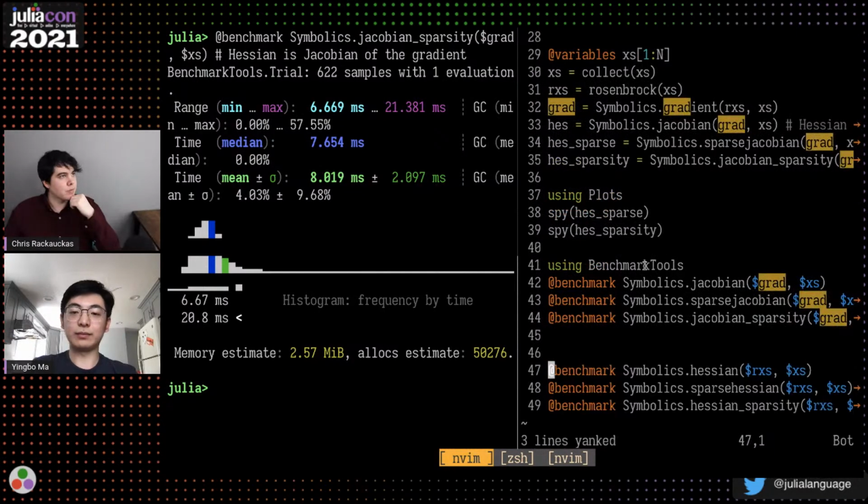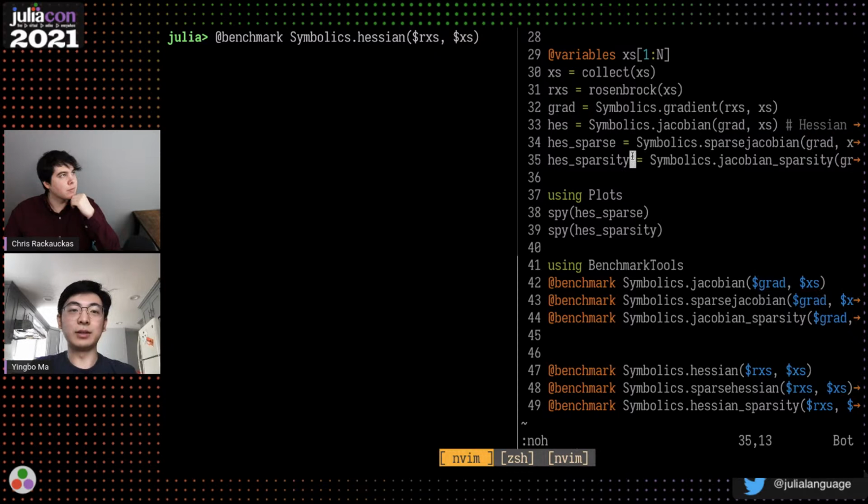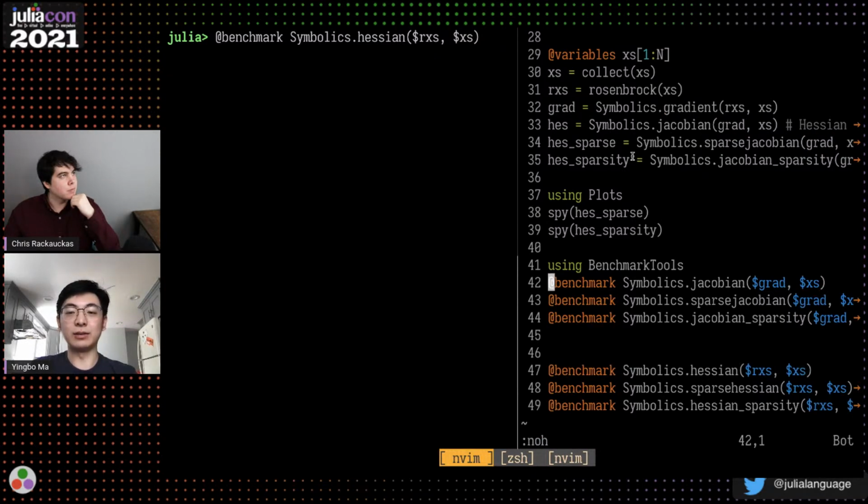So Hessian basically first takes the gradient and then evaluates the Jacobian, so this one should be a bit slower than the Jacobian function, right?